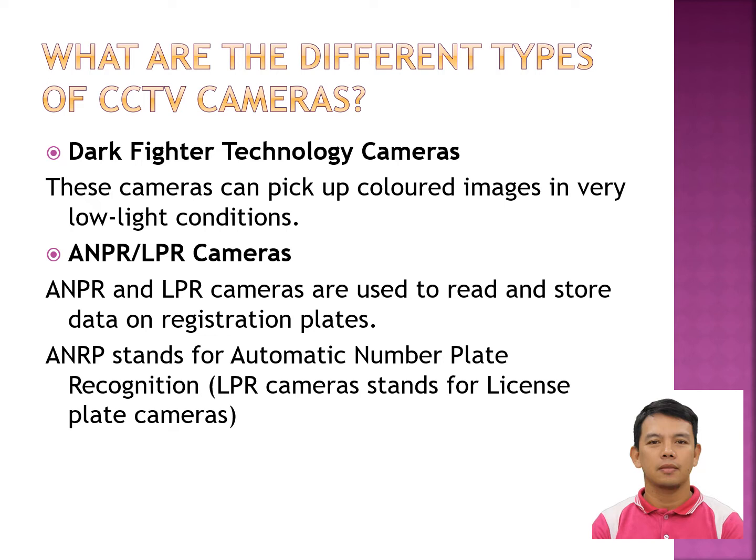This camera can detect especially the registration plates of a car or vehicle or motorcycles na makakuan sa street violations. ANPR stands for automatic number plate recognition, while LPR stands for license plate recognition. So daghan ang mga gamit or daghang mga kinds of camera.